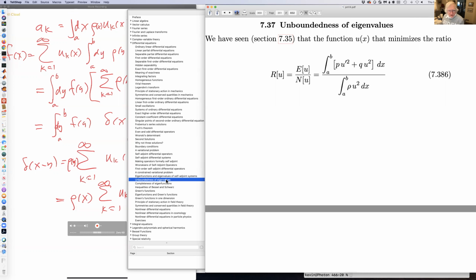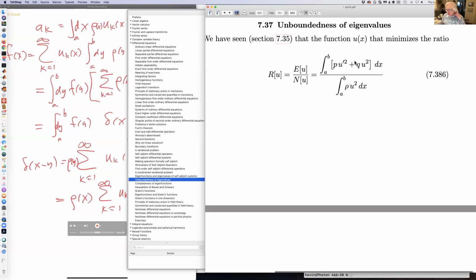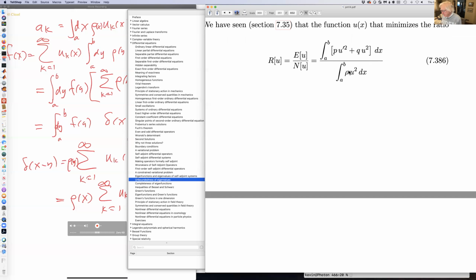the unboundedness of the eigenvalues of a self-adjoint differential system. They're actually these ratios, and the lowest eigenvalue, say lambda 1, is the minimum of this ratio.